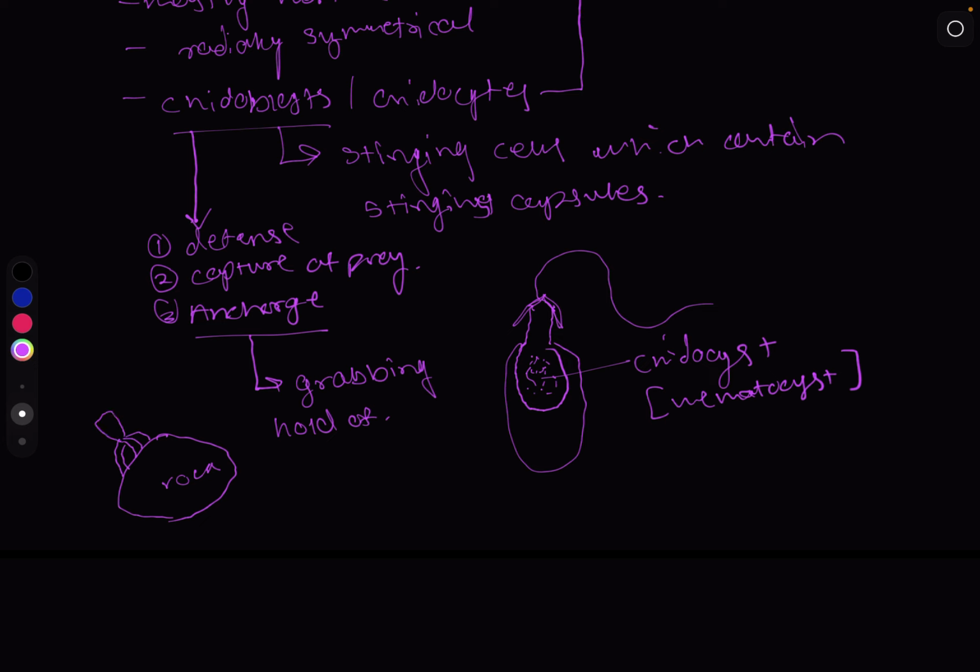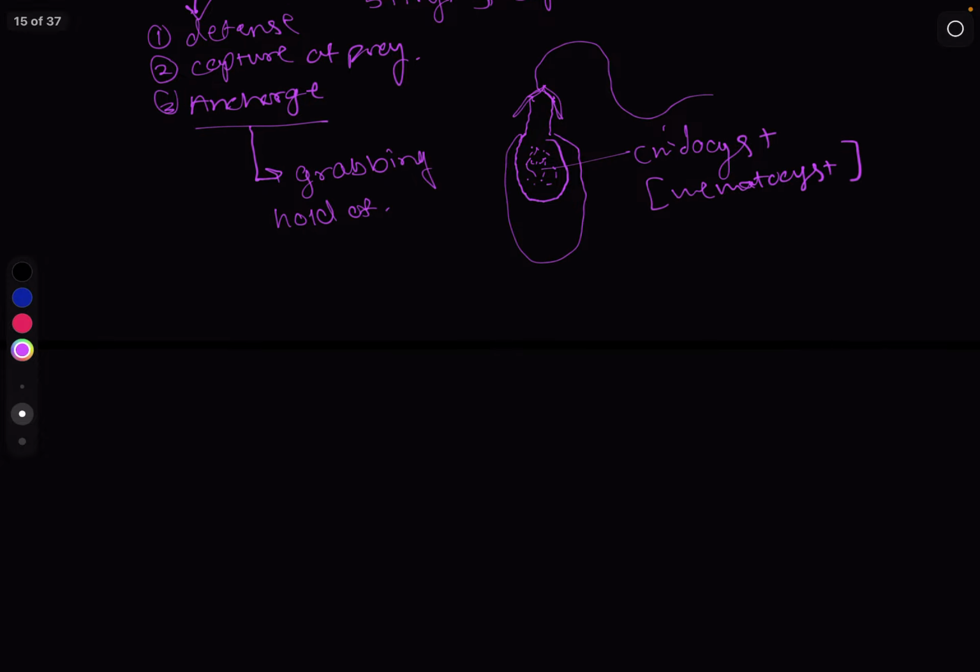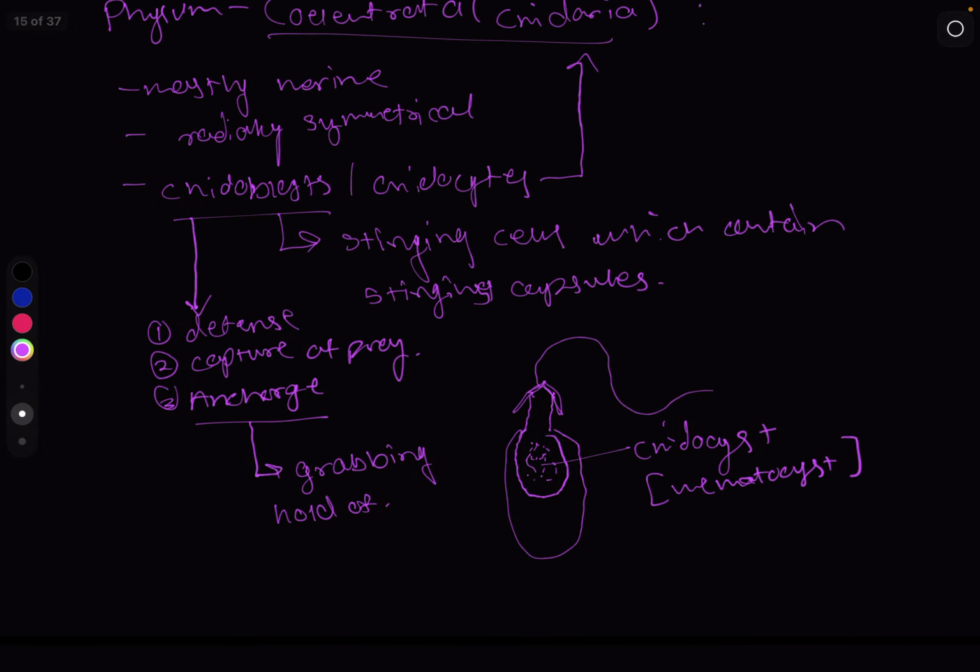So even though water is pushing it this side, it won't let go of this rock. So these tentacles help in anchorage. That means it helps to hold on to the rock. These are the uses of the cnidoblasts.